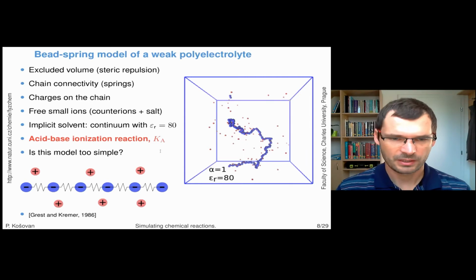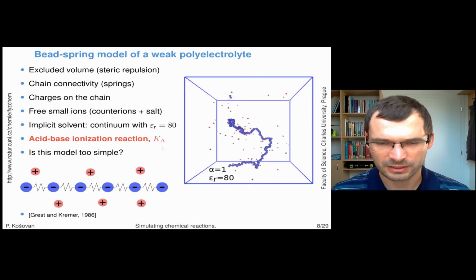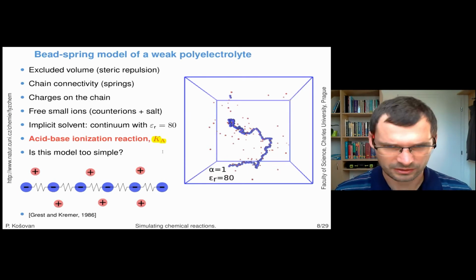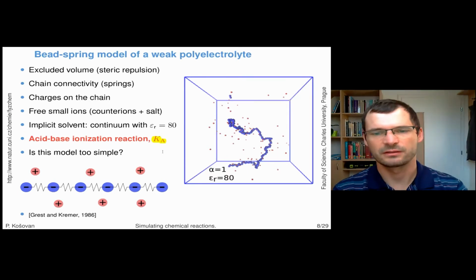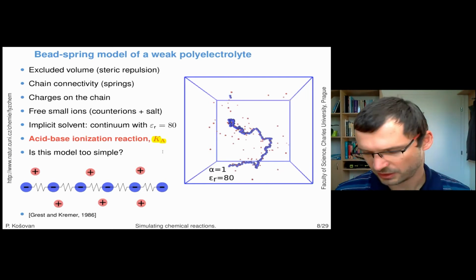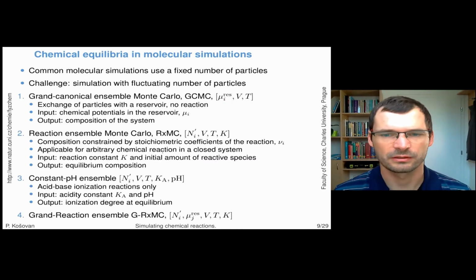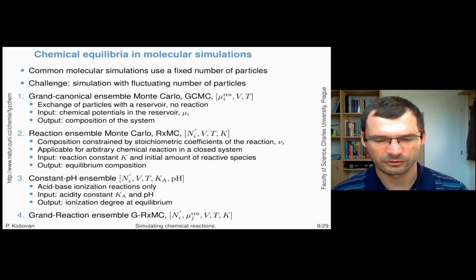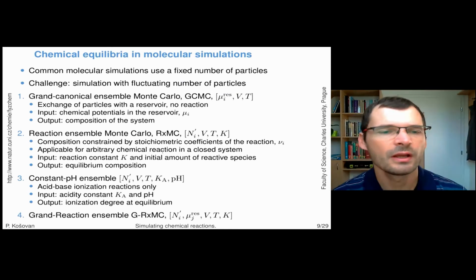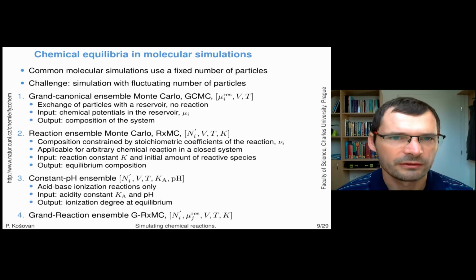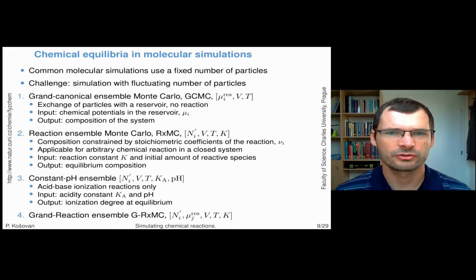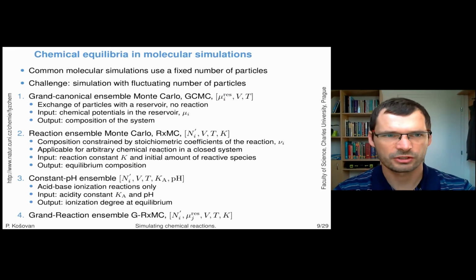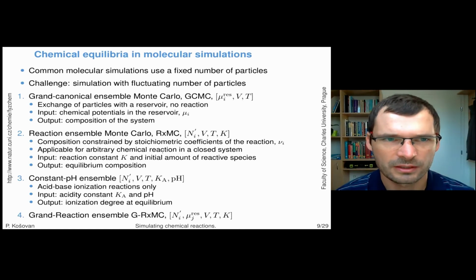And I will try to convince you that yes, the chemical reality in many situations can be hidden in this equilibrium constant Ka, and then such a simple physical model can yield very good predictions of behavior of real systems. Before doing that, though, I should introduce the simulation algorithms that we use in ESPResSo to simulate chemical equilibria.